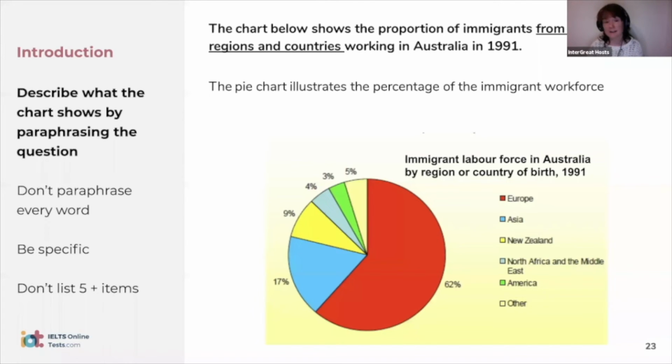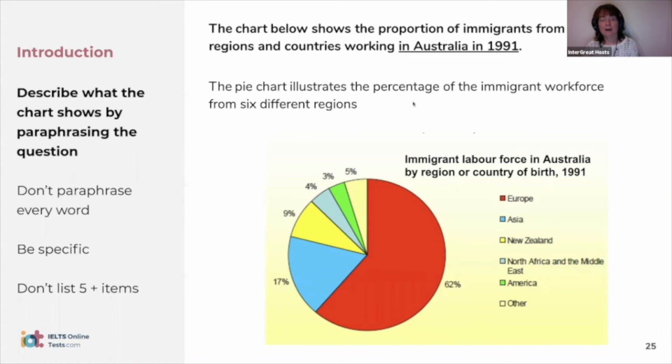Relocating, that's very good. Relocating for work or relocating to work in Australia. Yeah, okay. And here, rather than say various, we've just said 6 different regions. Different areas and nations would work well. Different countries and continents, there's different things that you could use there.